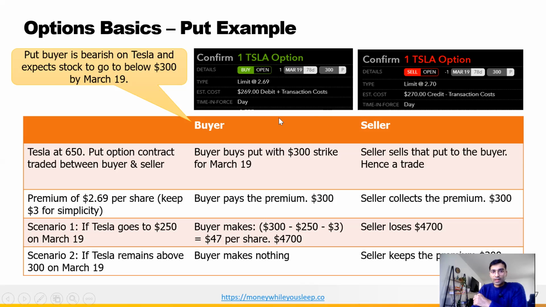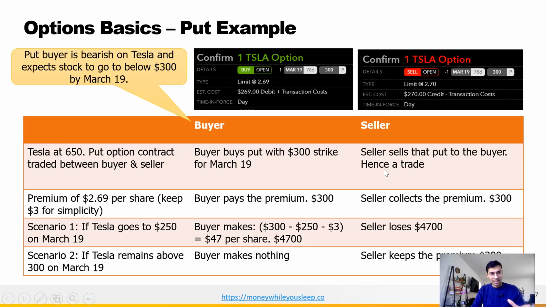Okay. So the buyer of a put is bearish and has placed this order. Hence, there has to be a seller of this contract, and he has placed a similar contract with a 300 strike, -1. Minus represents selling, and he is going to collect this premium. Tesla at 650, put option contract traded between buyer and seller. The buyer buys a put with a $300 strike for March 19. The seller has executed that contract for the buyer.